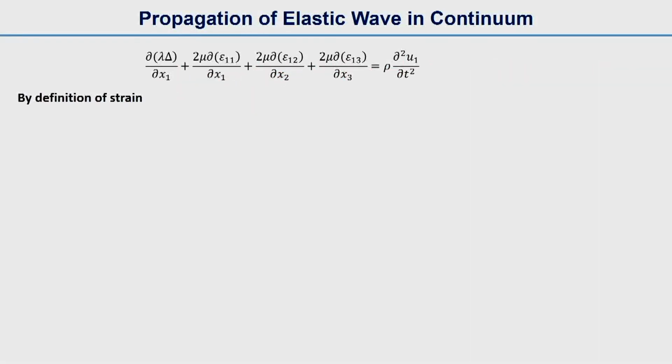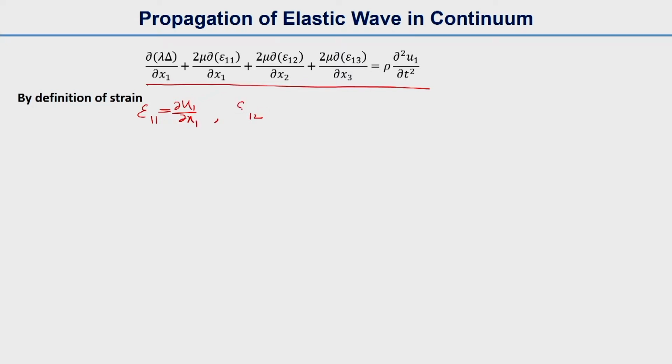Then the expression we found in the previous slide is this one. So we will use the definition of strain to convert these strains to displacement. The definition of strain says epsilon 1 1 is equal to partial of u1 with respect to x1.